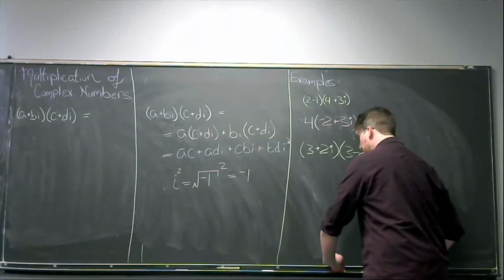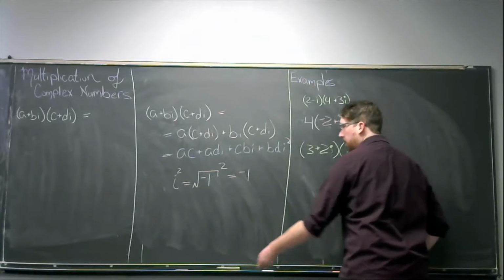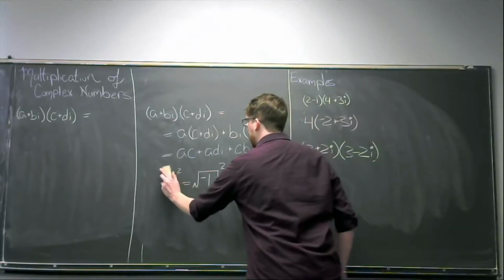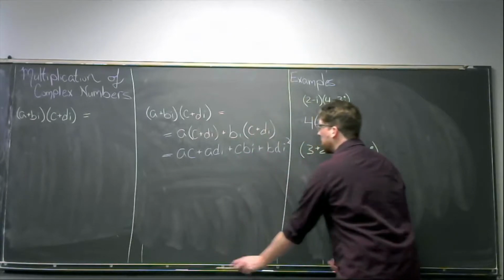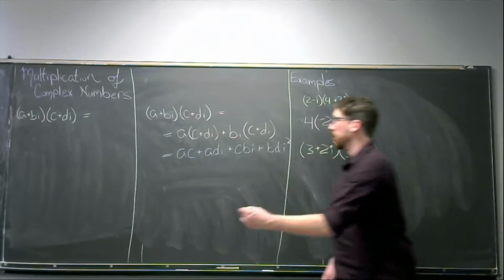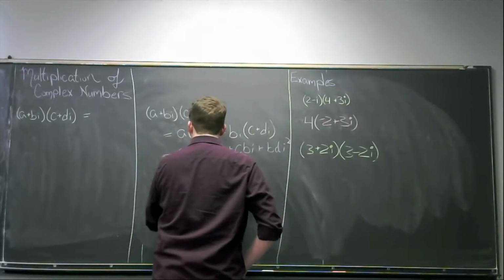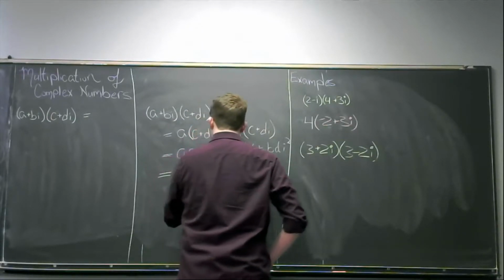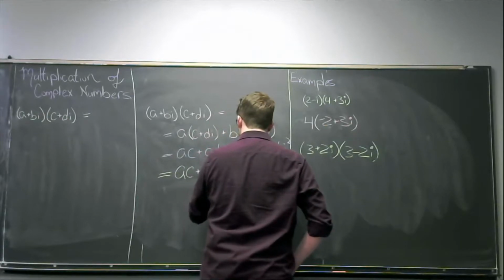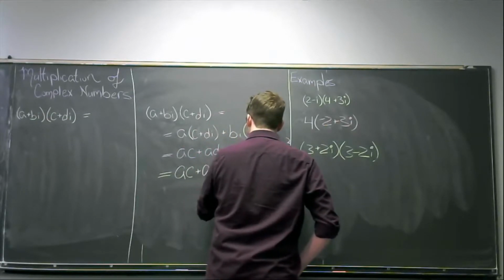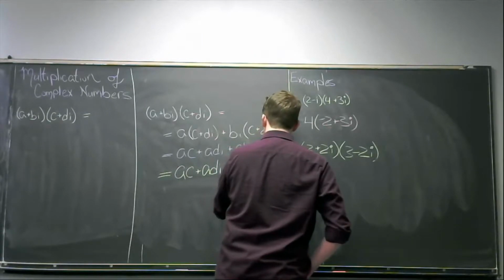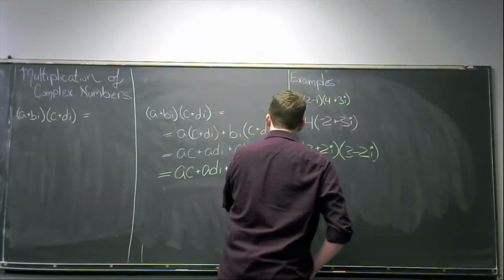All right. Well, then that means we can rewrite this as ac plus adi plus cbi minus bd.